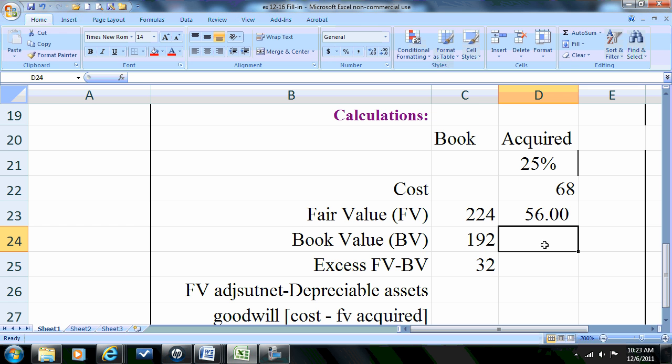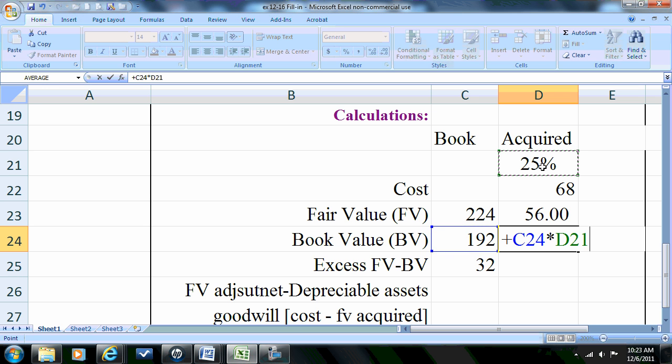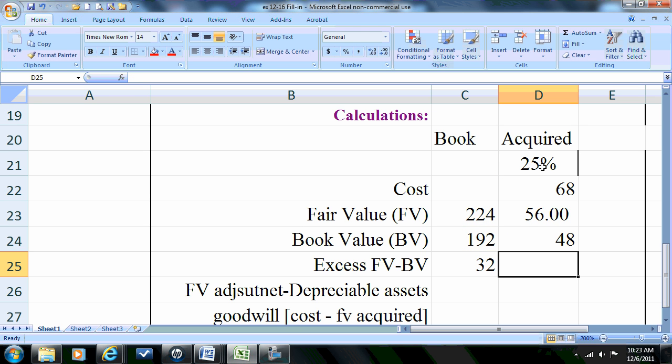And that's going to be 56 million. We'll do the same thing for book value. And our share of the excess related to these assets.